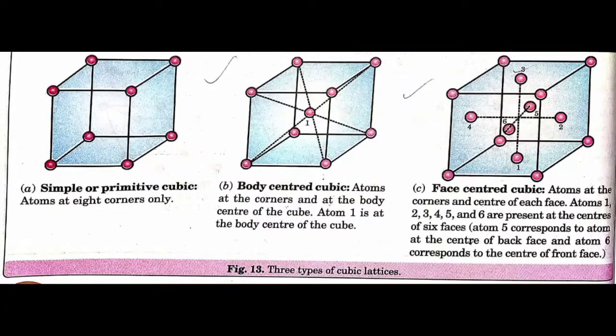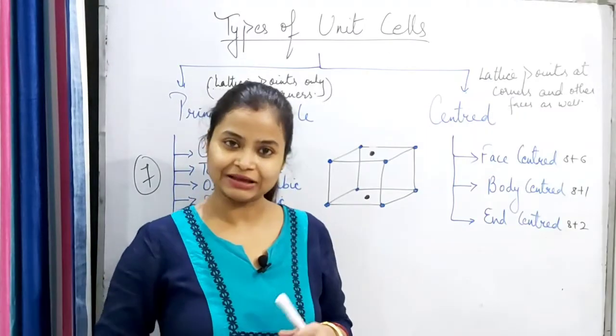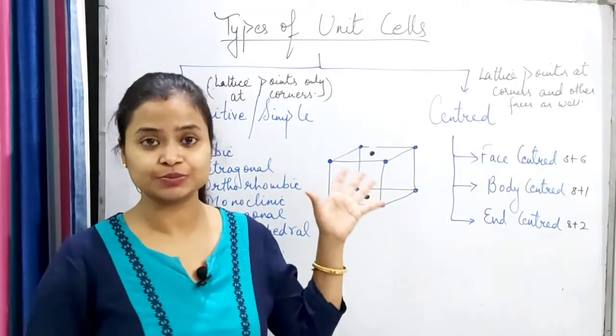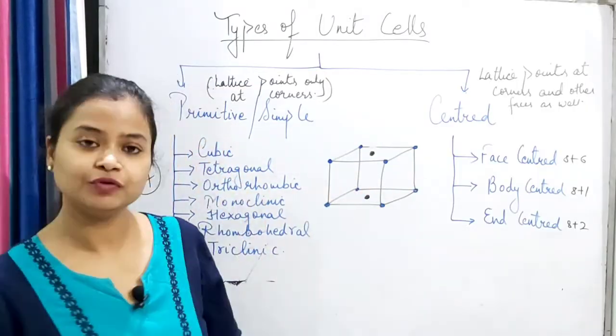Those lattice points present at the center of each face are denoted by the numbers you can see in the figure. Similarly for the end centered, it will be only at the center of the faces of a pair, so 8 corners plus 1 pair. I hope with the diagrams it is more clear to you all, both the centered as well as the primitive unit cells. Fine.